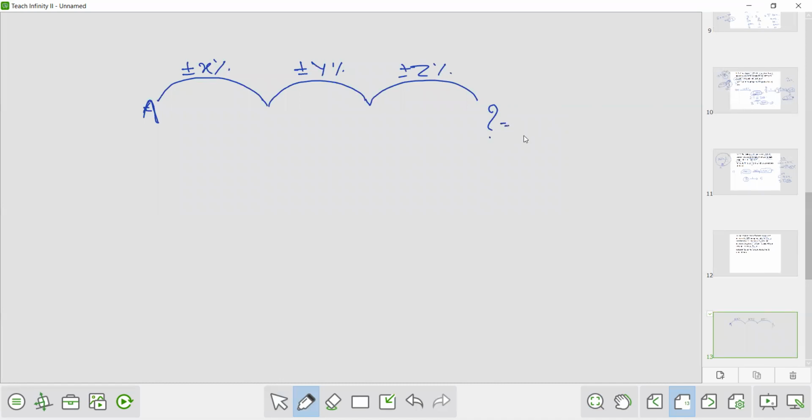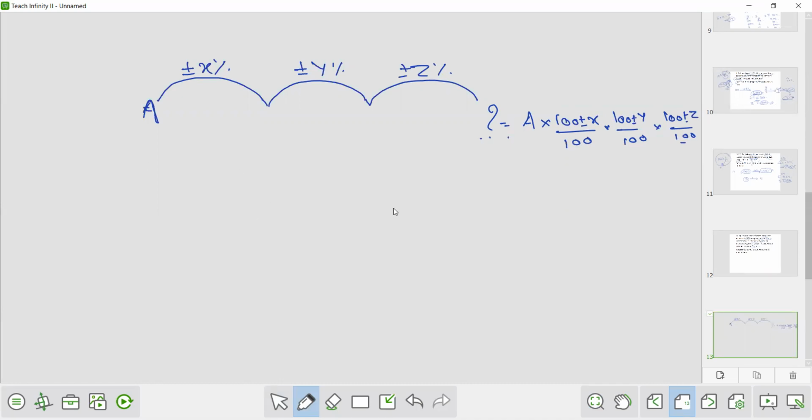This final is A into (100 plus minus X)/100 into (100 plus minus Y)/100 into (100 plus minus Z)/100. By this way we can find the final values.